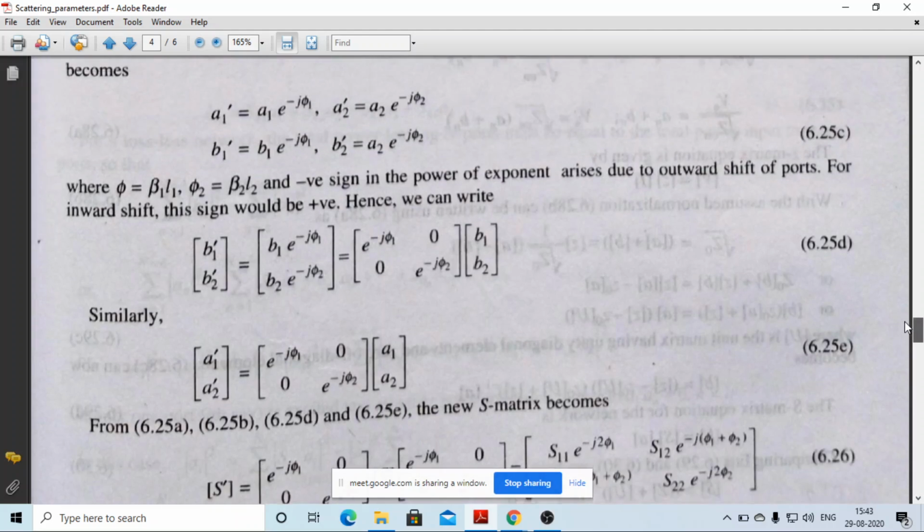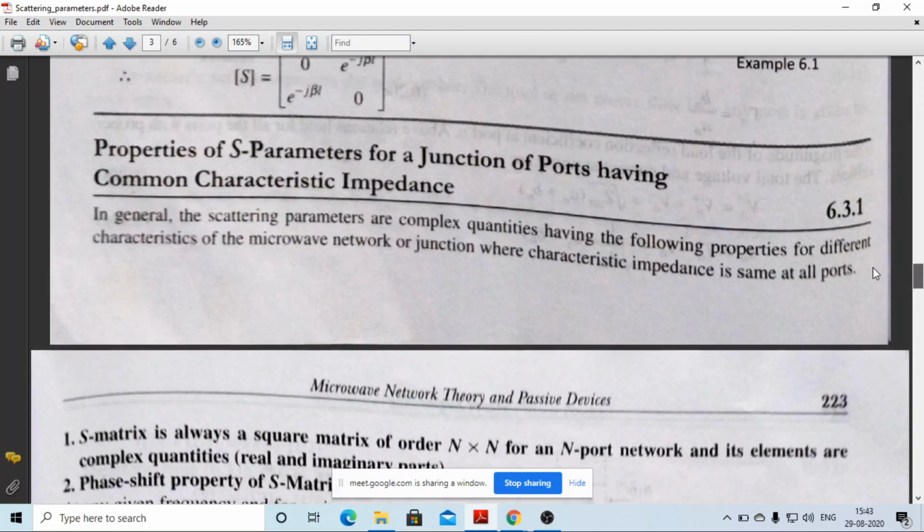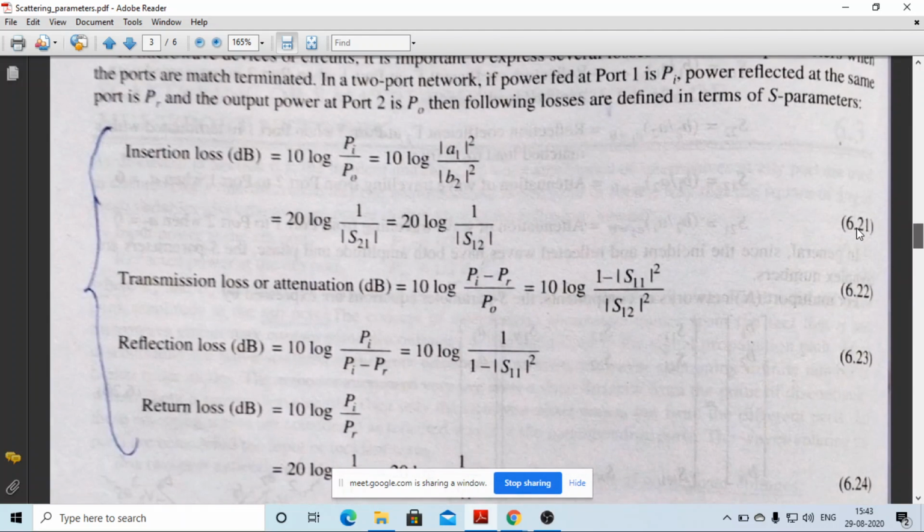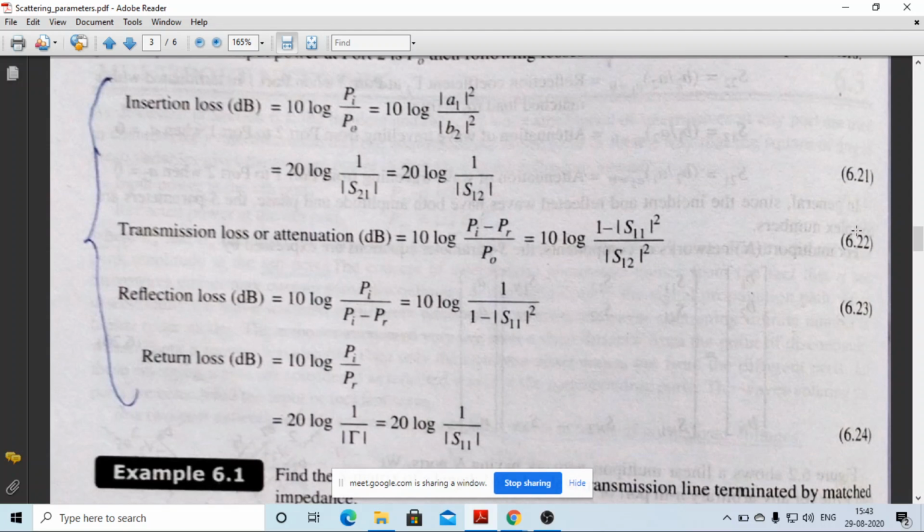Only understanding of S matrix and understanding of these losses are sufficient from your exam point of view. If you want to go in detail for the scattering matrix, like other matrices, it has some 4 to 5 properties which can be helpful for you for analyzing particular passive components of microwave engineering.